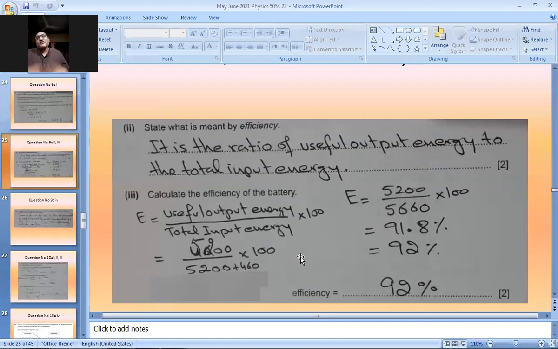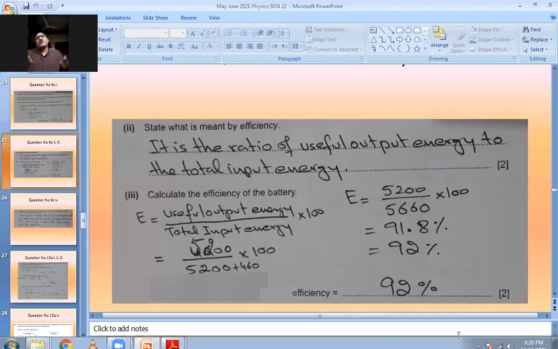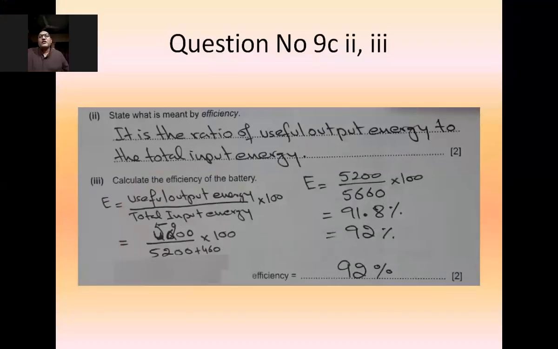The efficiency of this battery is equal to the useful output energy that is given, which is 5200 joules, divided by the total input energy, which is the useful output the battery provided plus the heat the battery provided. So add them up. That will be the total energy provided by the mobile battery.